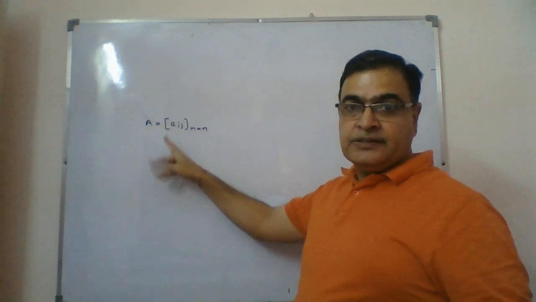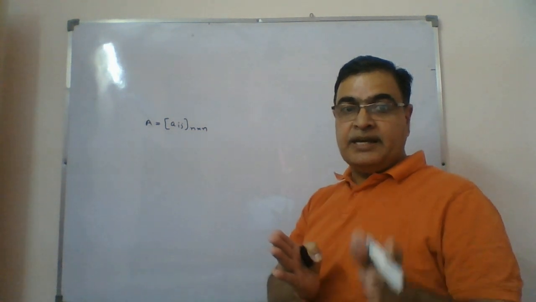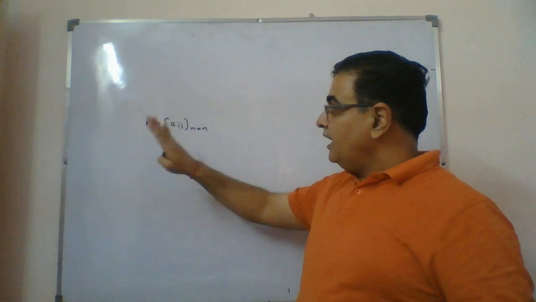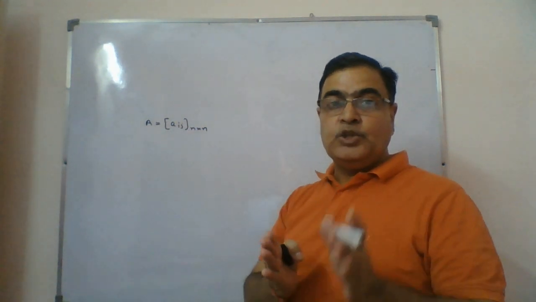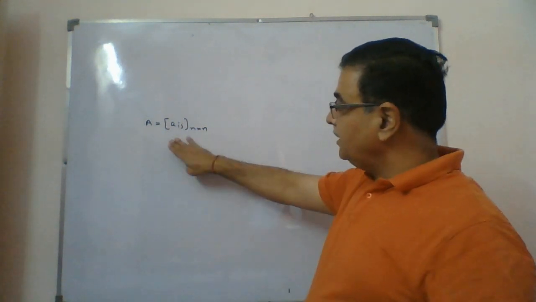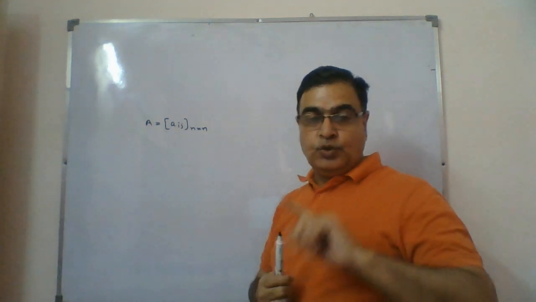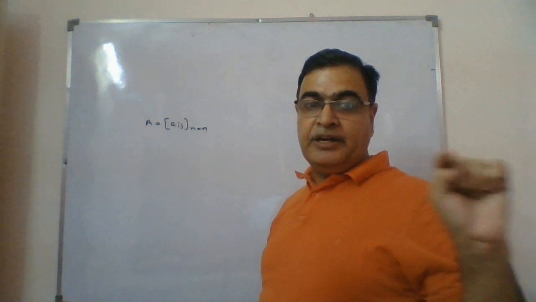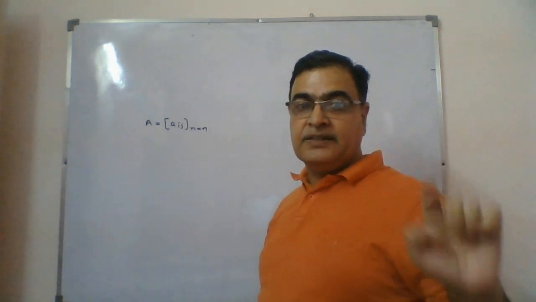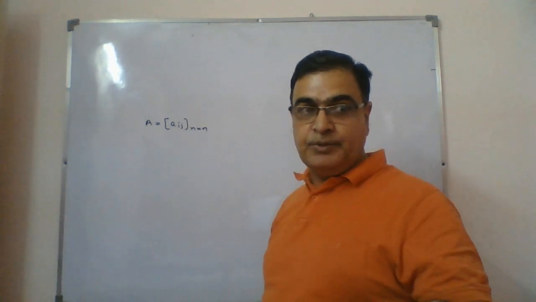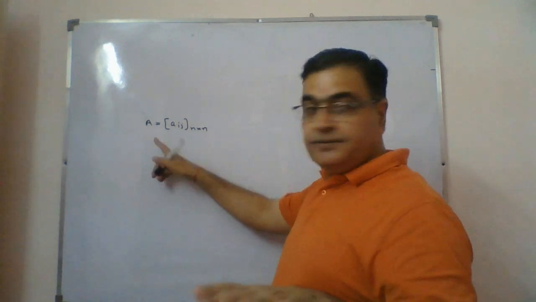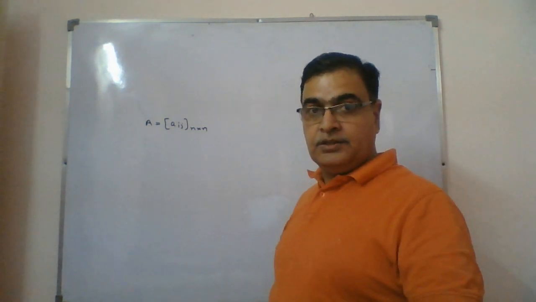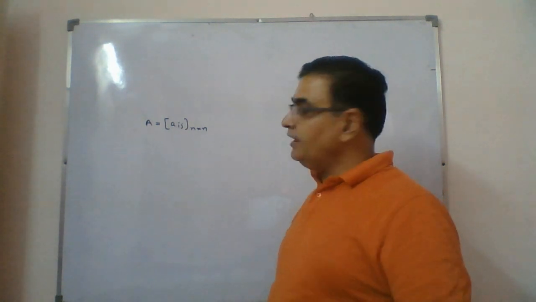Every square matrix can be expressed as the sum of a symmetric and a skew symmetric matrix, and this expression will be unique. So this is the thing we are going to prove. You note it. Unique means there is only one way we can express it.